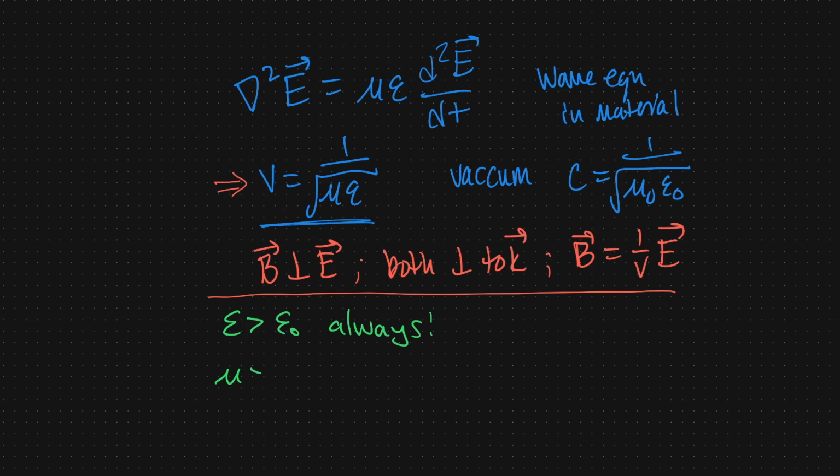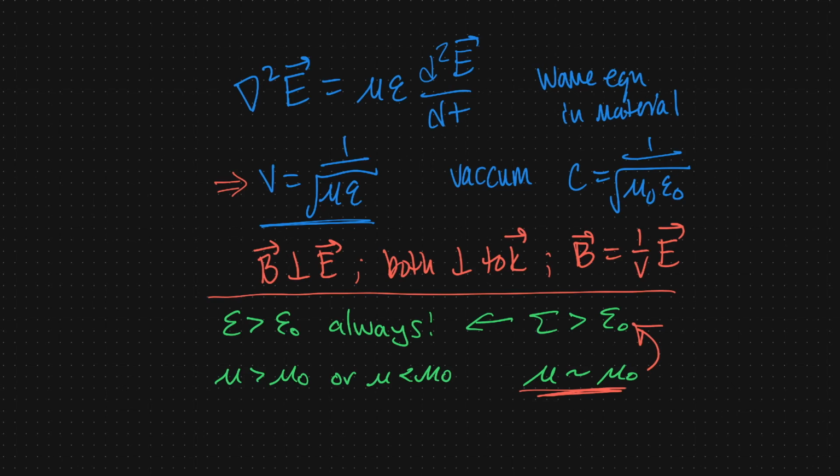So mu can be greater than mu 0, or it can be less than mu 0, depending on whether it's paramagnetic or diamagnetic material. But typically, where epsilon can be very different from epsilon 0, it is typically the case that mu is about the same size as mu 0. So it is very common for us to just make this replacement and keep track of what's going on with the dielectric constant.